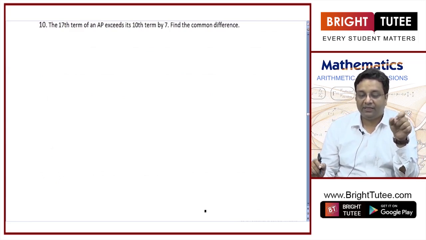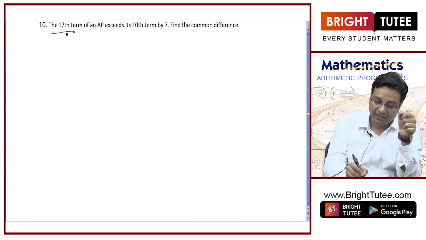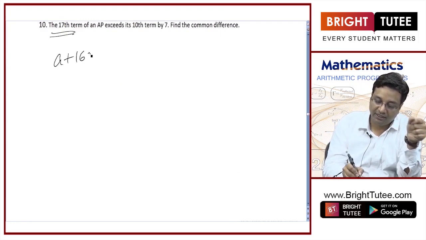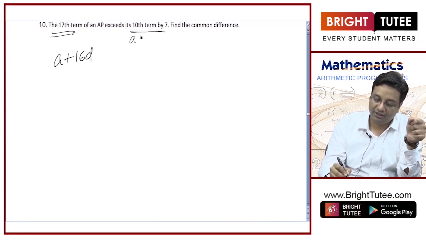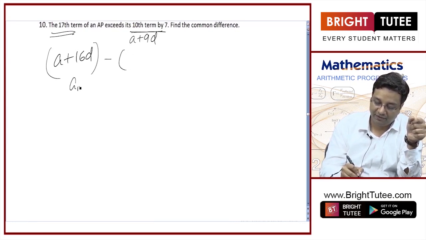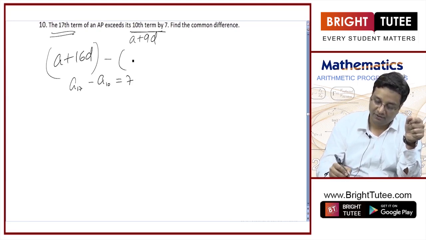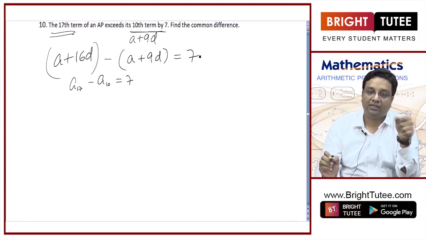17th term of an AP exceeds its 10th term by 7. Find the common difference. 17th term means A plus 16D. It exceeds its 10th term. 10th term is A plus 9D. So it exceeds 10th term means if I subtract A17 minus A10, it will give me 7. It is equal to 7.